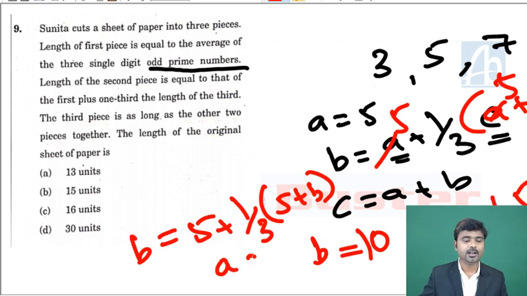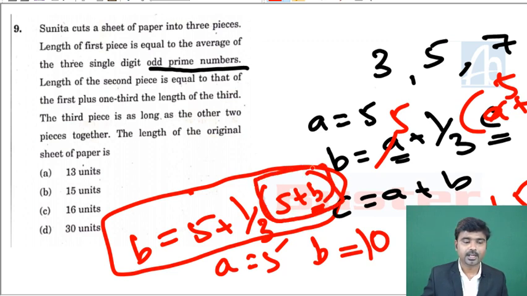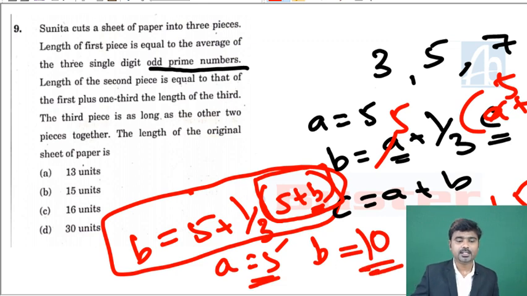The reason is the A value we already know is 5. Have you understood this equation? It's very simple to solve, right? B should be one third of (5 plus B); once you add these two, it should be a multiple of 3. Then what value do we substitute? B equal to 10. So A is 5, B is 10, C is 15. What's the question? The length of the original sheet of paper is 30 units. The answer is choice D.